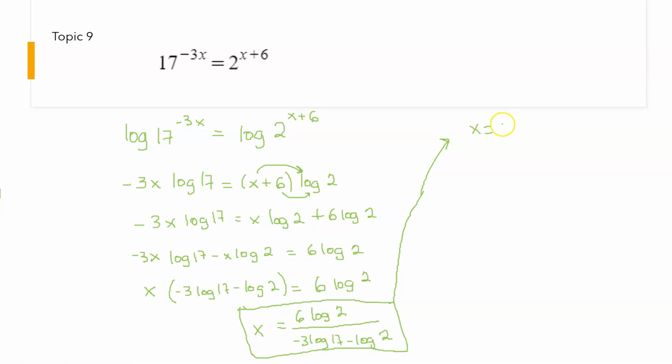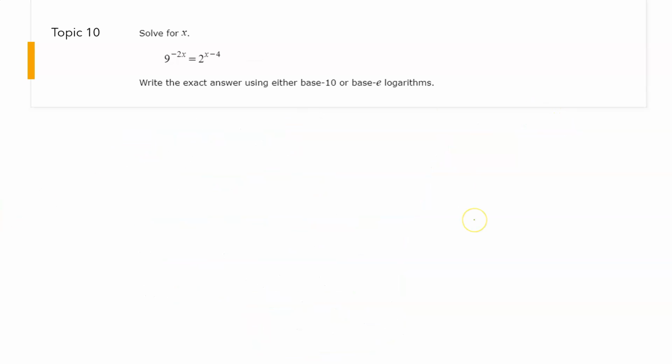And if you use the correct order of operations in your calculator, that will be negative 0.452.